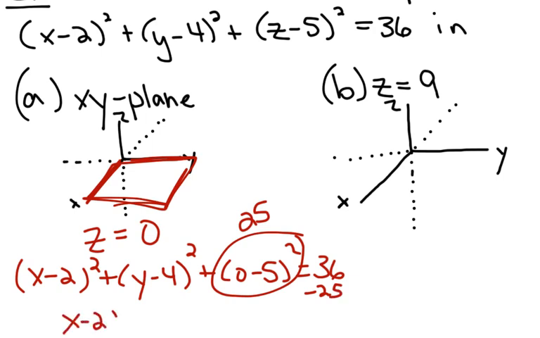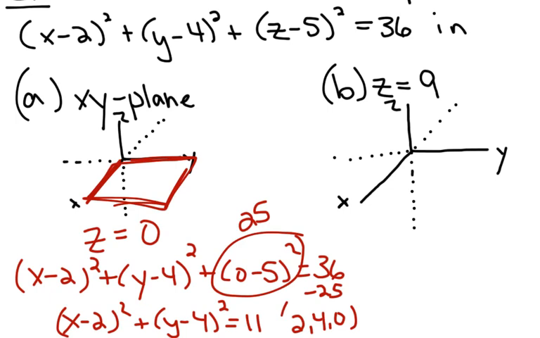So you'd get (x minus 2) squared plus (y minus 4) squared equals 11. And that's the remaining circle. The center is still at (2, 4, 0), and the radius is going to be the square root of 11.